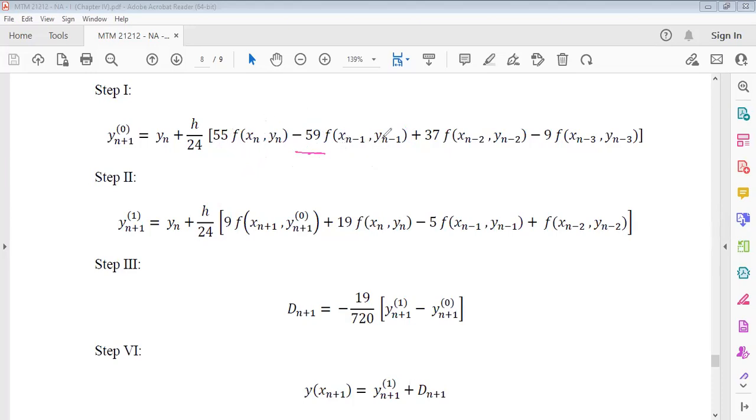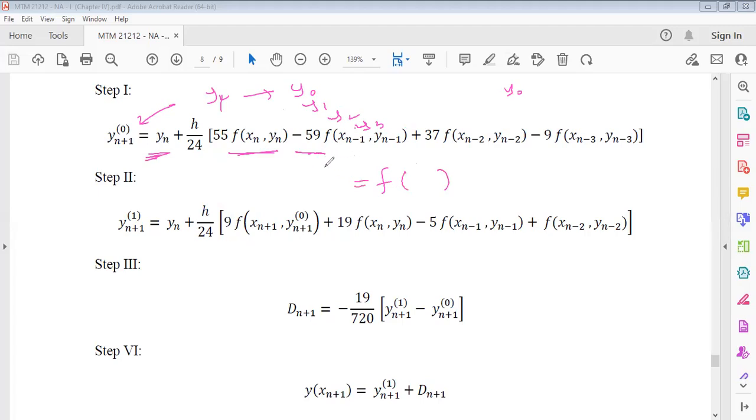For example, let's say I need to find y of 4. Here this one is my y0, this one is my y1, this one is my y2, and this one will be my y3. This one is just yn, but this one is the function of whatever they have given. What is our function?